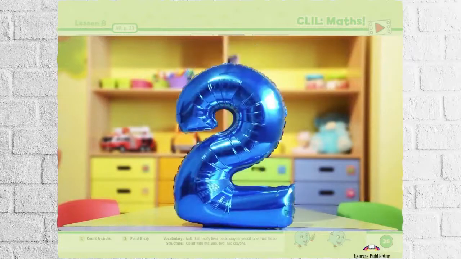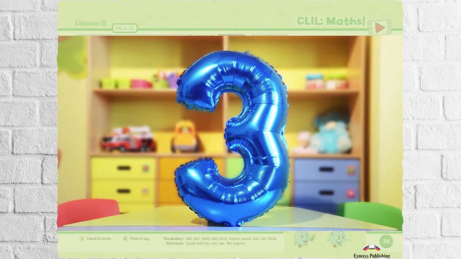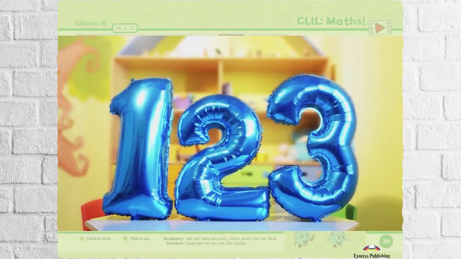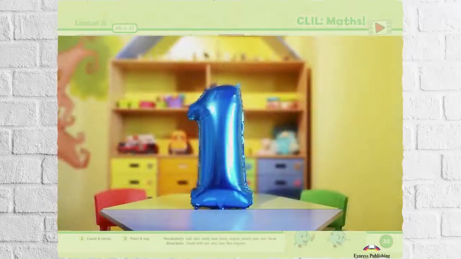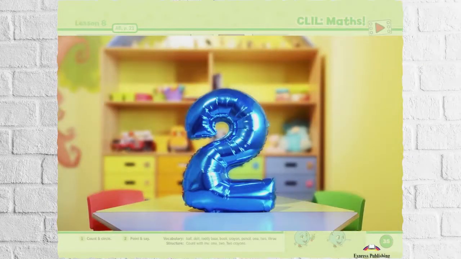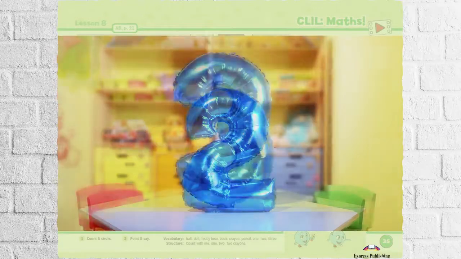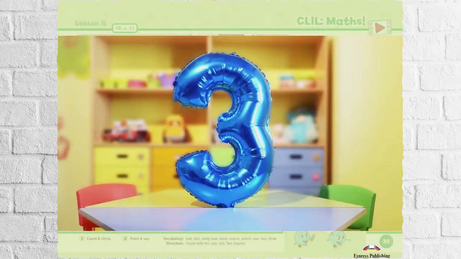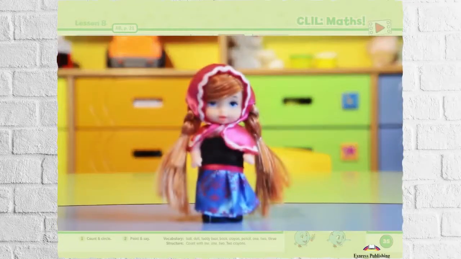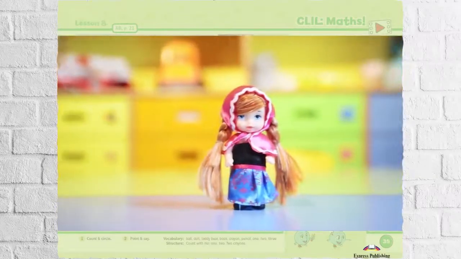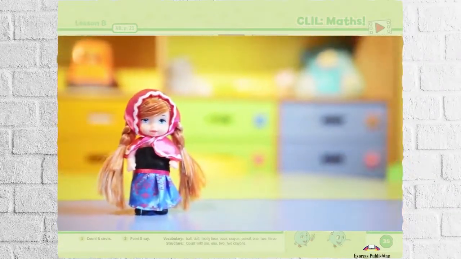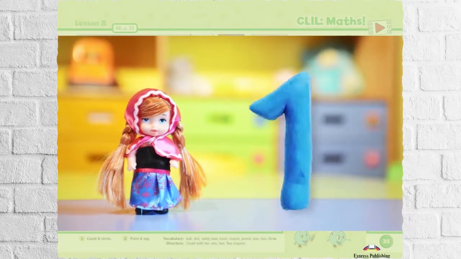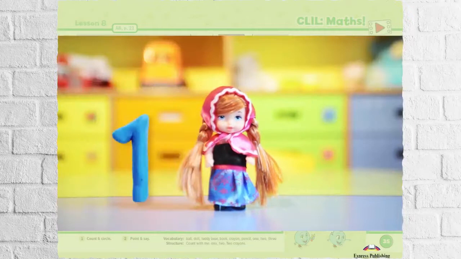One, two, three. Count with me. 1, 2, 3. What's this? It's a doll. Count with me. 1. One doll.